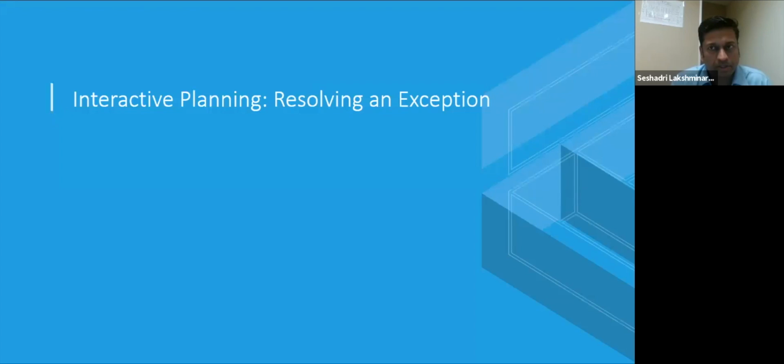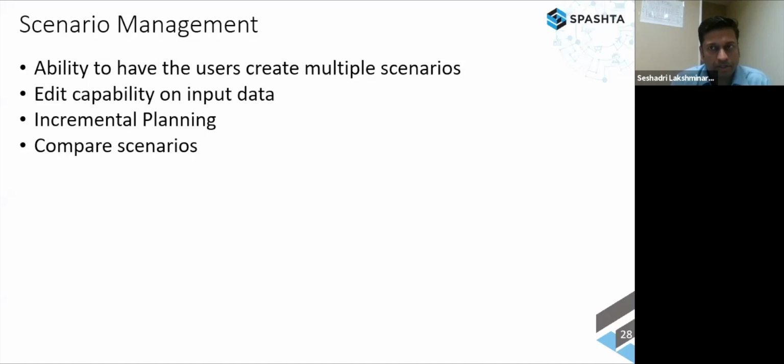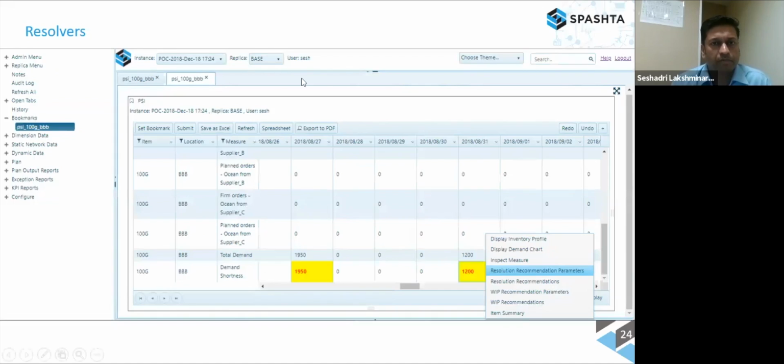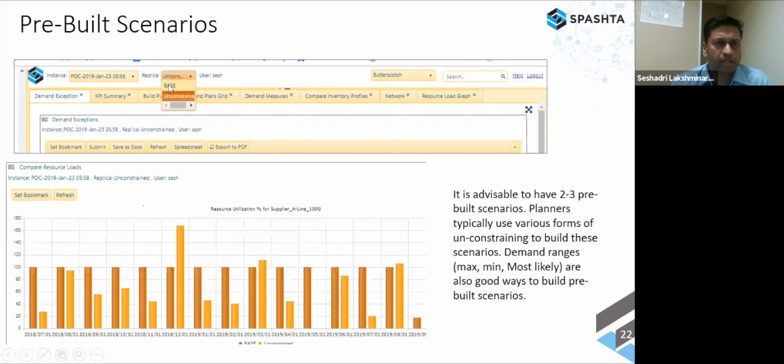So basically, I didn't put in screenshots here, but the points that I wanted to talk about are, number one, the ability for a planner to create multiple scenarios. That's really important. And actually, if I go back to the screenshot here, just a few screenshots back, where I showed you, here we've just shown two replicas.